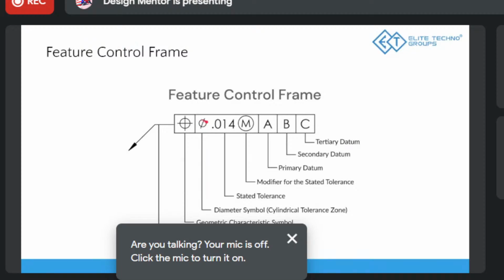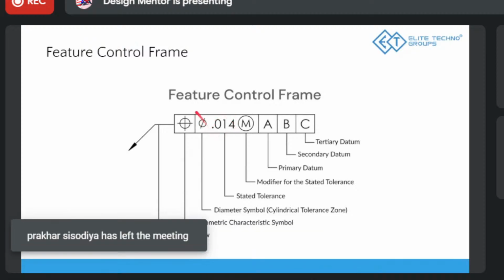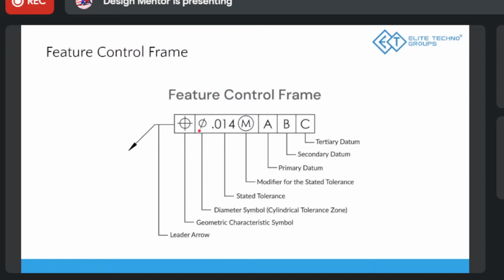So this is basically the tolerance zone that you have created. Dimension is something else. The dimension is 10 plus minus 1, and this is the positional tolerance of that part. Then this is the material modifier, which we've also learned about. Here we've given maximum material condition. Then we have the three datums that are required to hold the part in place.